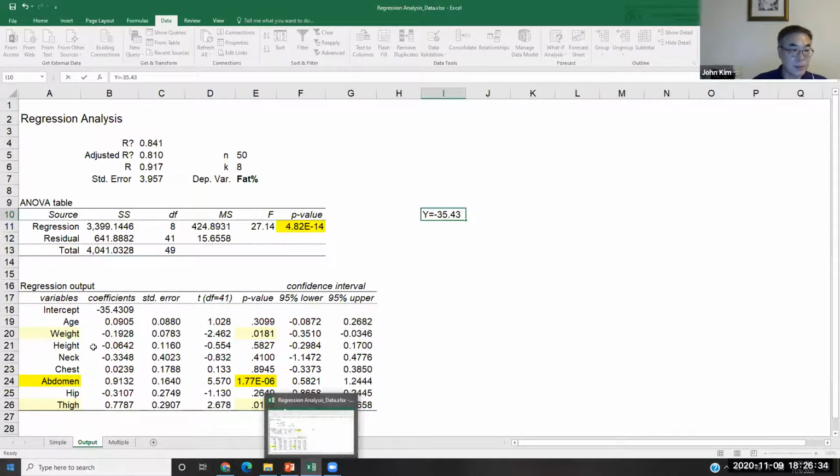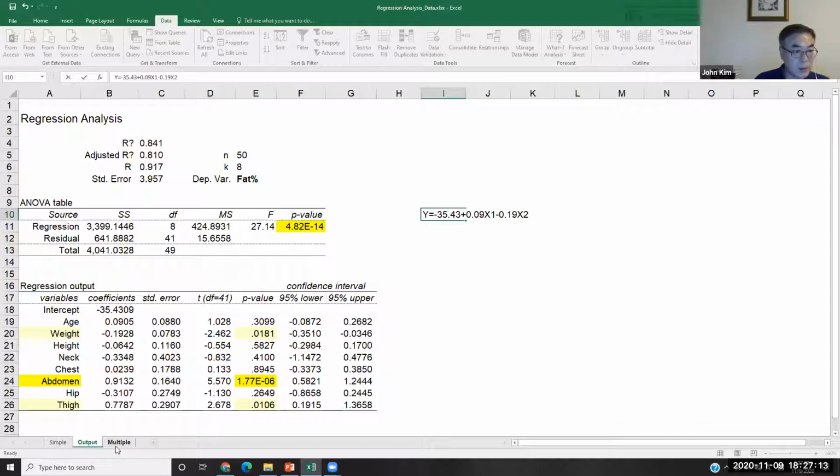Then the first x variable, age. The slope is positive, so plus 0.09, just 2 decimal points I will use, times x1. Plus the second x variable, weight. The slope is negative, so negative 0.19 x2.